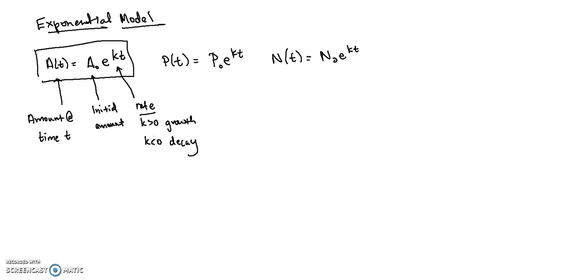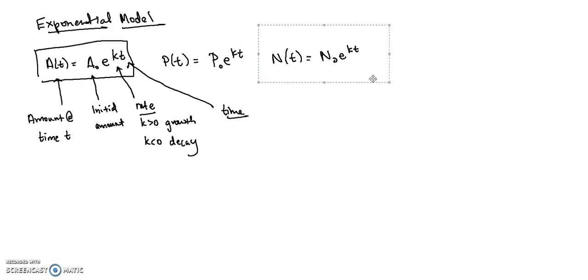It's something good to check, like if you know that your problem is that things are increasing, so you have more bacteria than you started with, then your K should be positive. So it's kind of a good thing to double check, but it'll work out that way. And then of course T is our time, and it needs to agree with our rate and our amount at time t as far as units. Okay, so A of t equals A naught e to the kt. Same thing for P. This would be population, initial population, same rate and time, and so on.